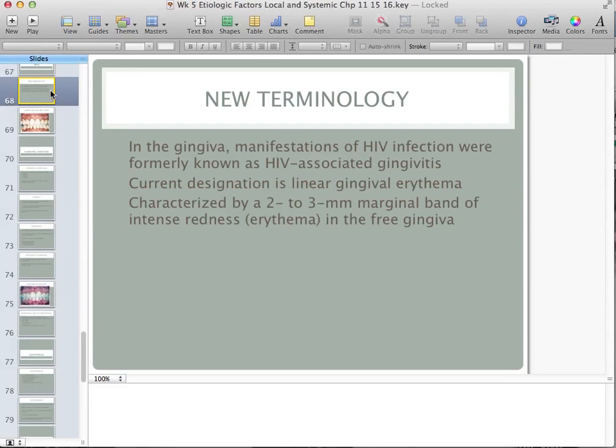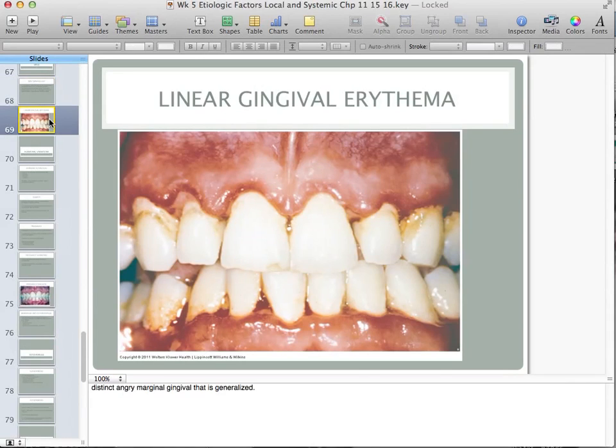Now, linear gingival erythema is the new name for gingivitis associated with HIV. Linear gingival erythema is a 2 to 3 millimeter marginal band of intense redness around your free gingiva. It literally is exactly what the name says. Linear redness in your gums.